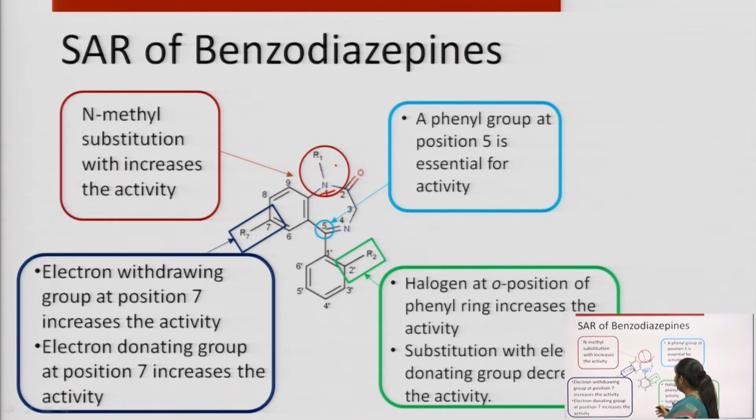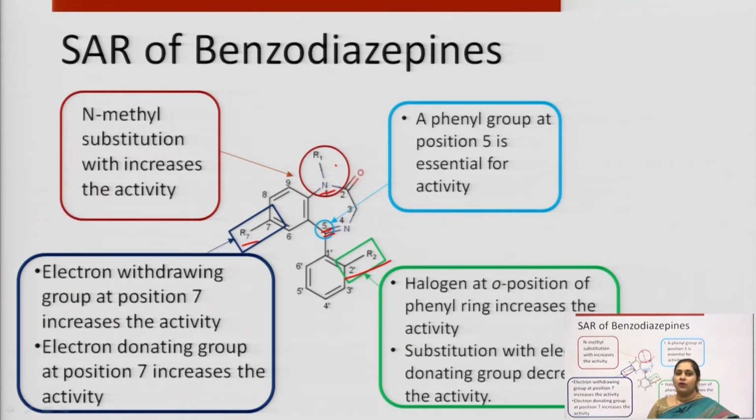Apart from that, we have position number 5, which is substituted with a phenyl ring. Further, position number 7 is found with several substitutions, and then the position number 2 dash of the phenyl ring, which itself acts as a substitution for position number 5. So we are going to study these 4 main targets.